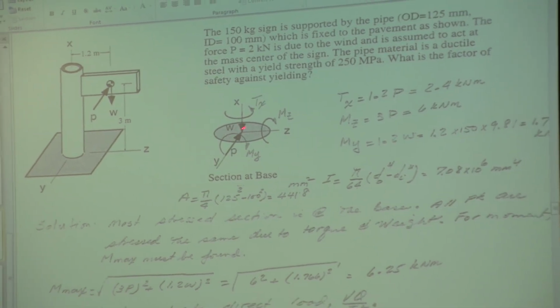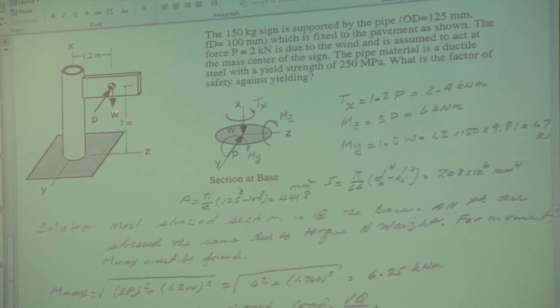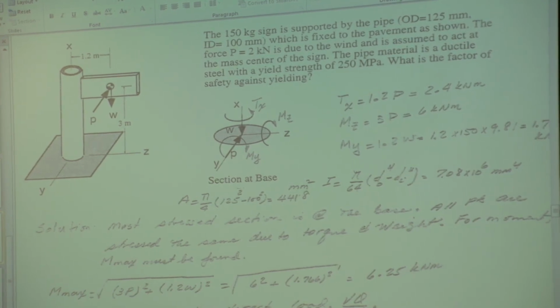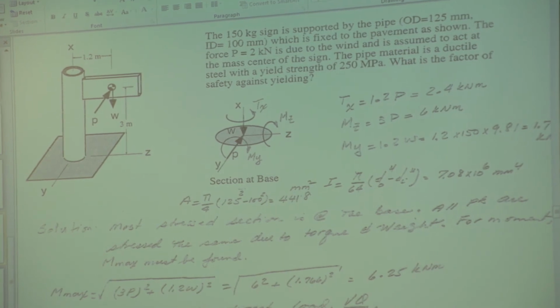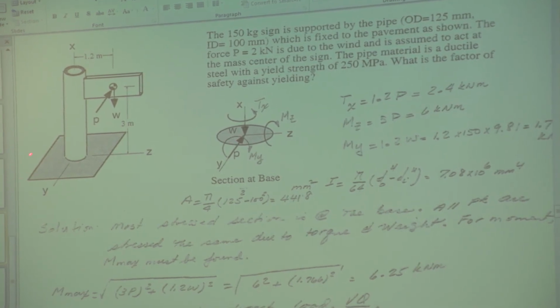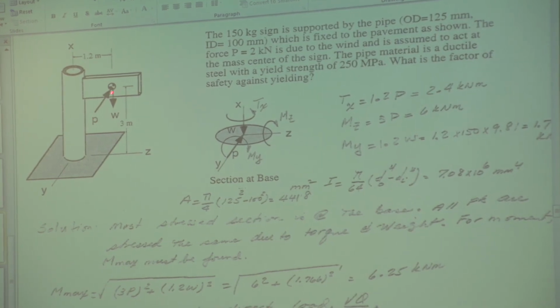We calculate each of these by considering the moment created by these two forces about that base. Now you can do an R cross F and find all three of them at the same time, or do them one by one. It doesn't matter, whichever you like. The moment about the x-axis is P times that distance, 1.2.